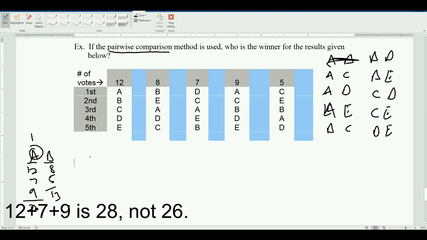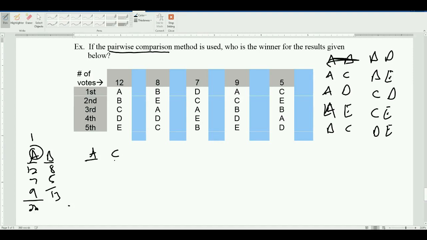So now let's do A versus C. Here A wins those 12. A wins those 8. C wins those 7. A wins those 9, and C wins those 5. Some of these are pretty obvious on who wins. You don't really have to add them up. You just want to know who wins.